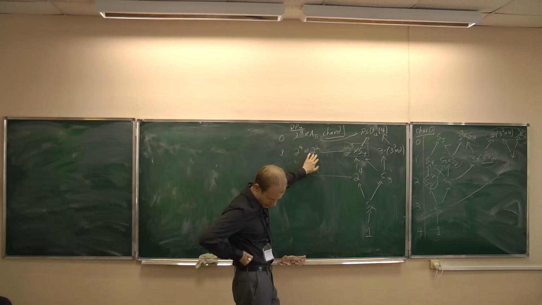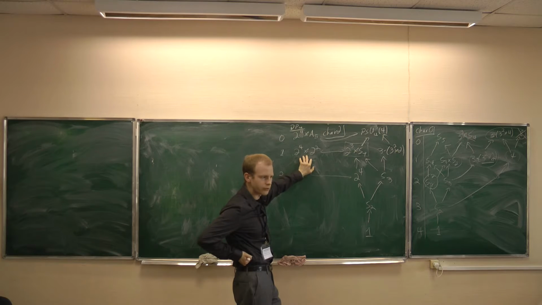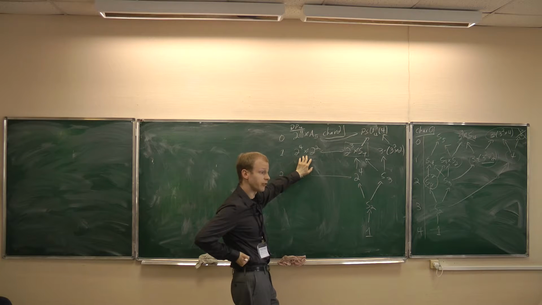That's a good question. You might be able to see it on the Del Pezzo surface of degree 4, but I don't know offhand. Is it on the exceptional divisor? The second point, yes, it is. But then you have P1 and an action of something.